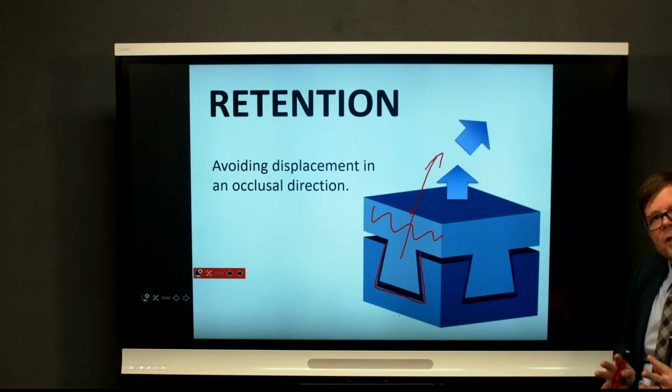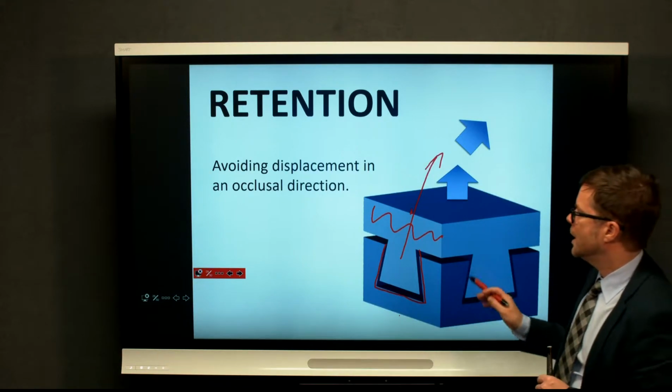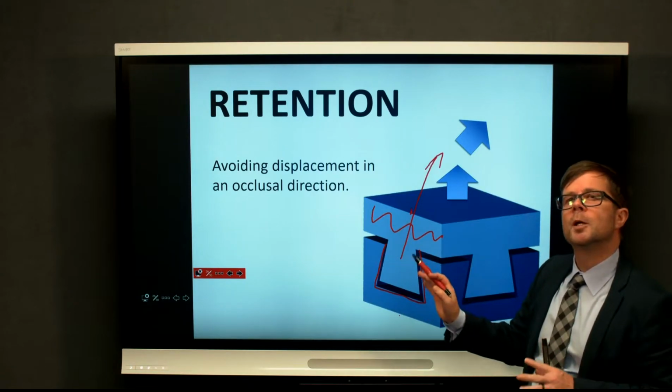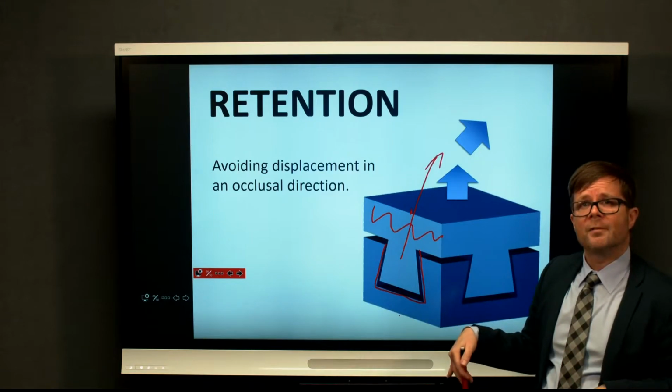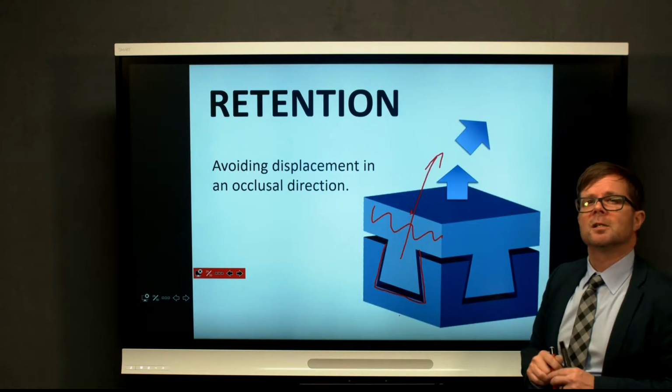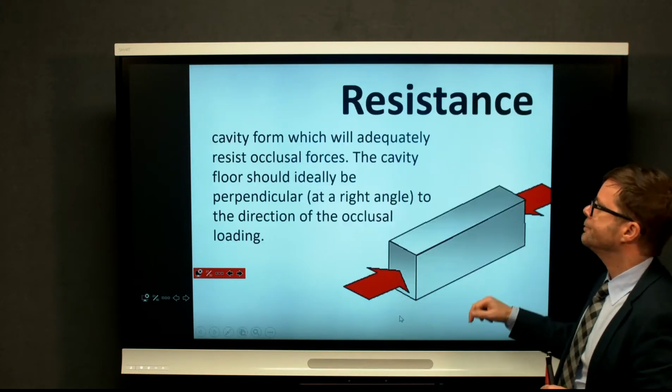So that's the retention form. Now, even with adhesive materials, which I'll show you in a moment, we need a certain degree of retention form built into our cavity design, but not as much as we did when we were using amalgam.